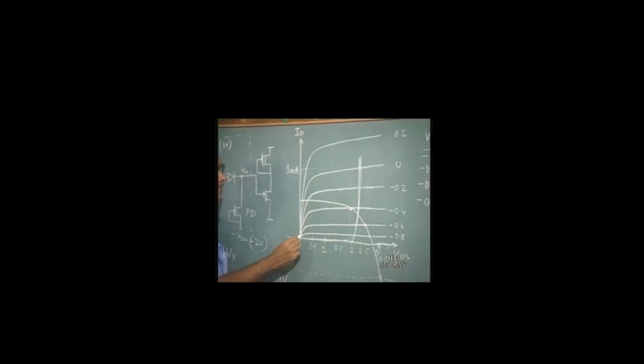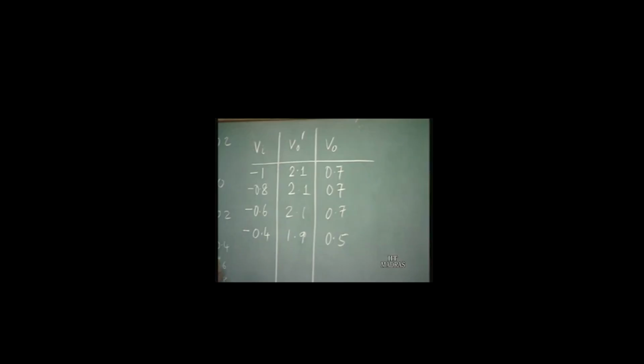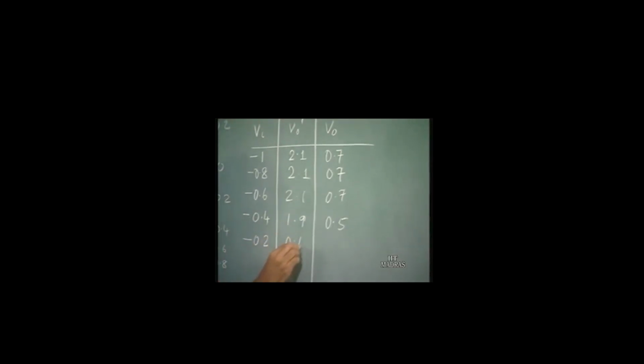If it is 1.9 volts, so the output voltage actually falls to 0.5 volts here. Again, if we take the next curve, that is minus 0.2 volts, we find that the output voltage has dropped significantly. The point of intersection is now here, okay. So, for minus 0.2 volts, the point is going to be around 0.4 volts.